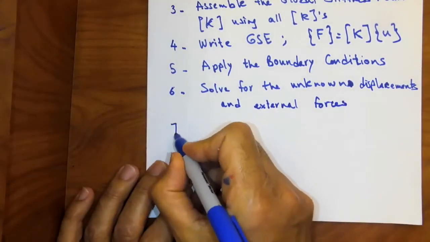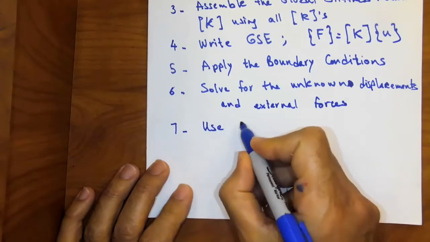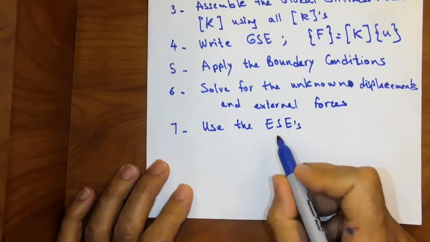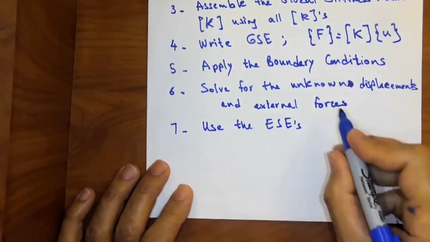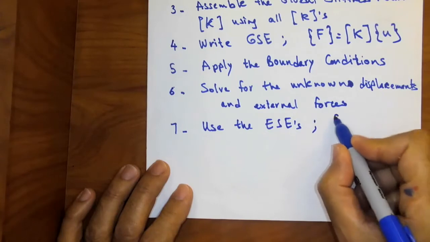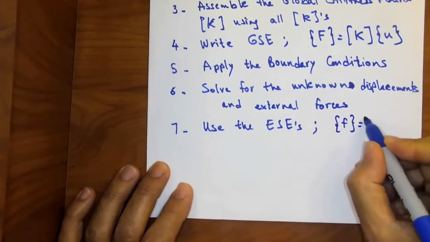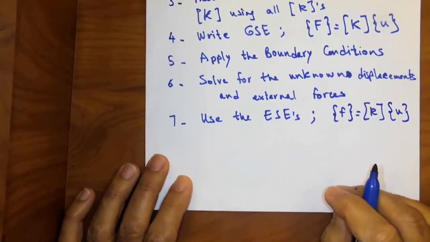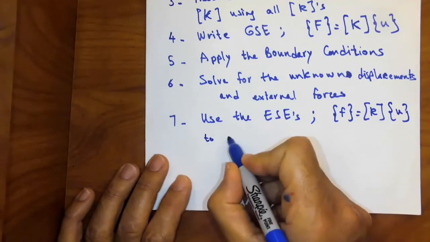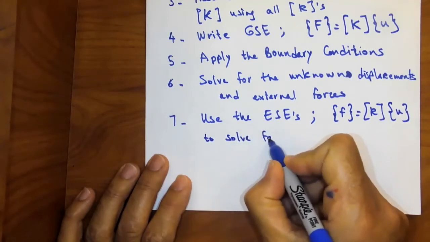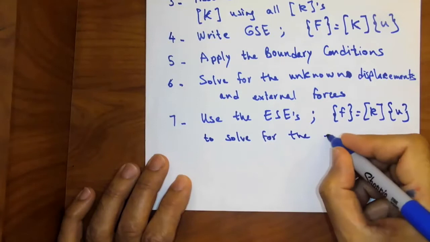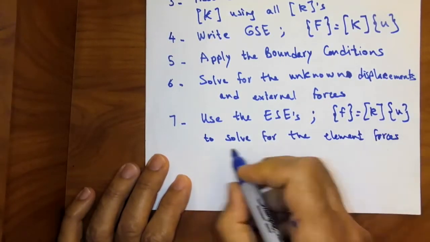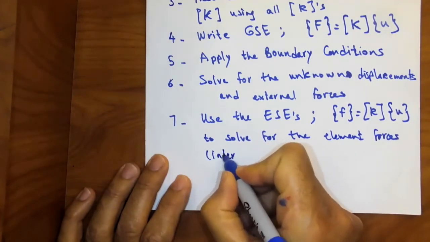And step number 7 would be to use the element stiffness equations, lowercase f equals lowercase k times u, to solve for the element forces or the internal forces.